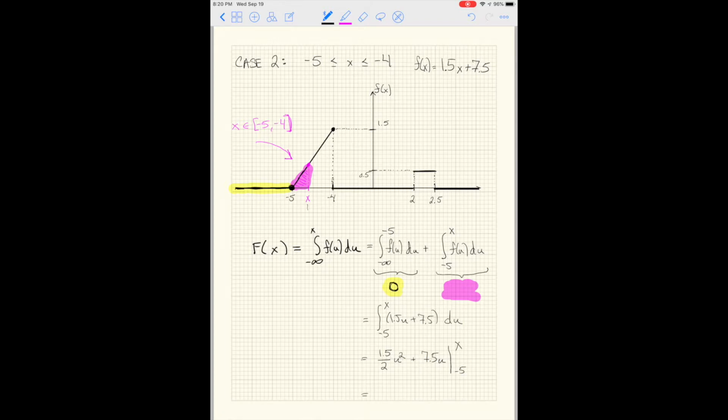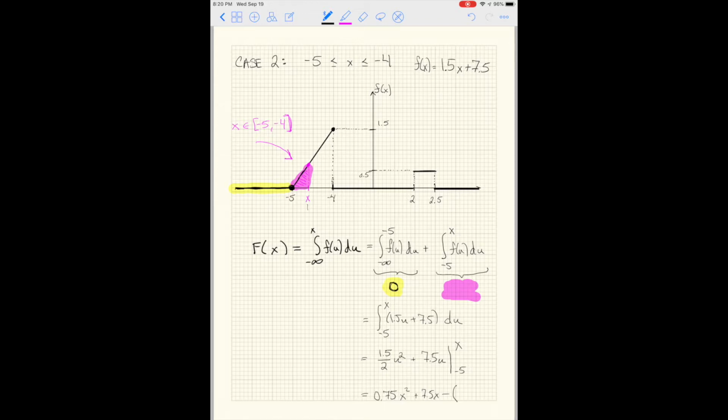And so if I think of what's 1.5 divided by 2, that's 0.75 times x squared plus 7.5x, and then minus whatever I plug in for -5.